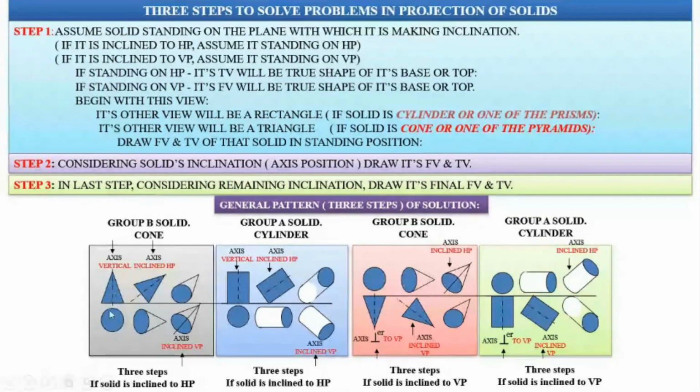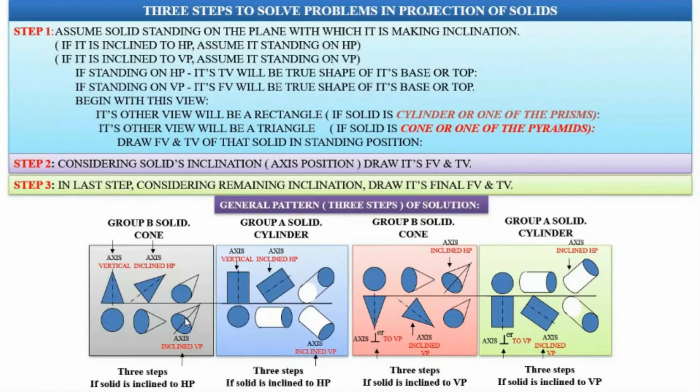Here these two figures will be different, but these two figures are the same. Here also these two figures are the same. The only difference is the inclination. So you have to draw all these 6 figures in order to solve problems related to projection of solids whose axis is inclined to both the planes.